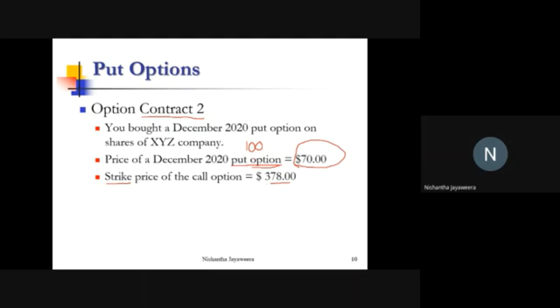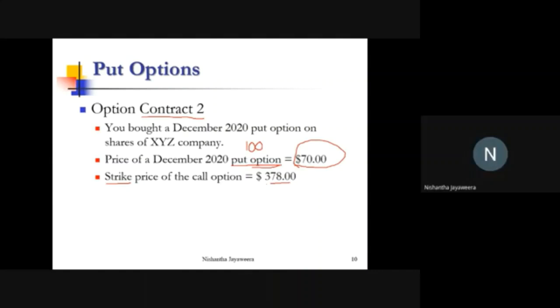Anything else? So in your examples, you assume that these are exchange traded options? Yes. But in the exam, it will give you all the details.